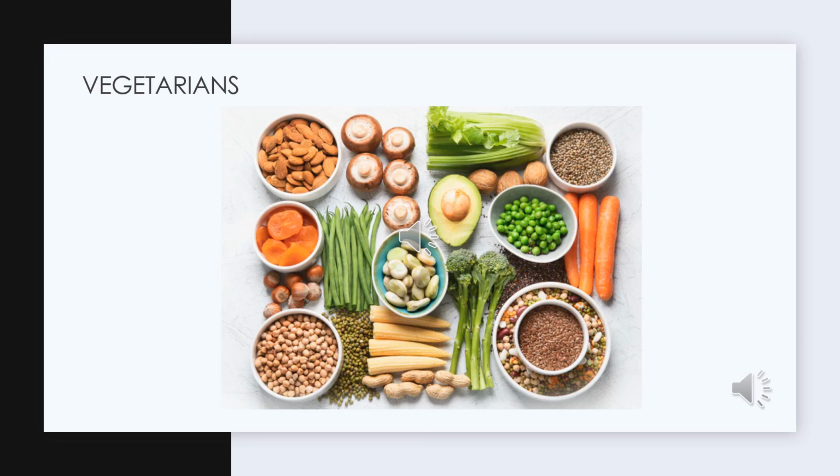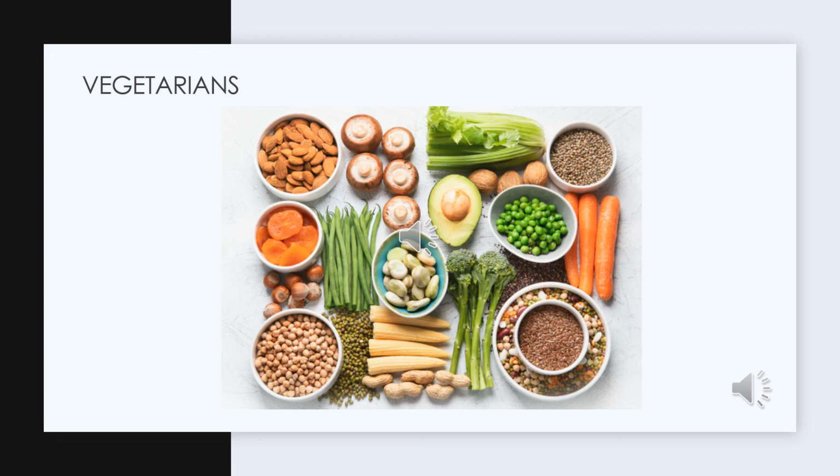Vegetarian diets are very popular now, so you may come across a patient that is a vegetarian. It just depends on what type. It's going to be very important that you ask what type of vegetarian they are and specifically what they will eat. Some will eat nothing that comes from an animal. Some will eat eggs. Some will eat eggs and cheese.